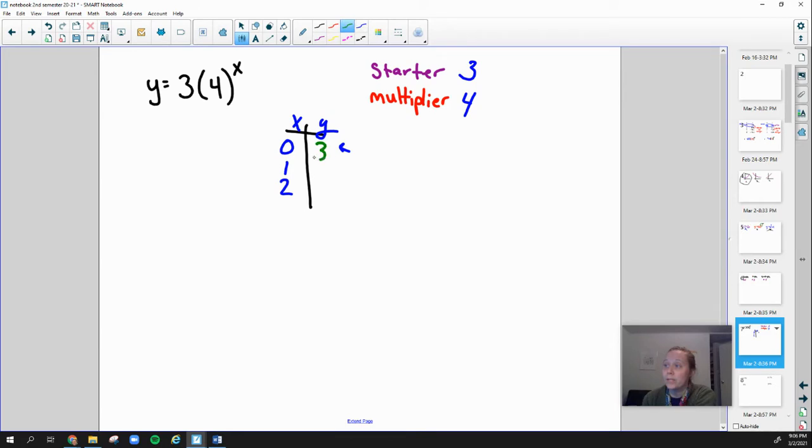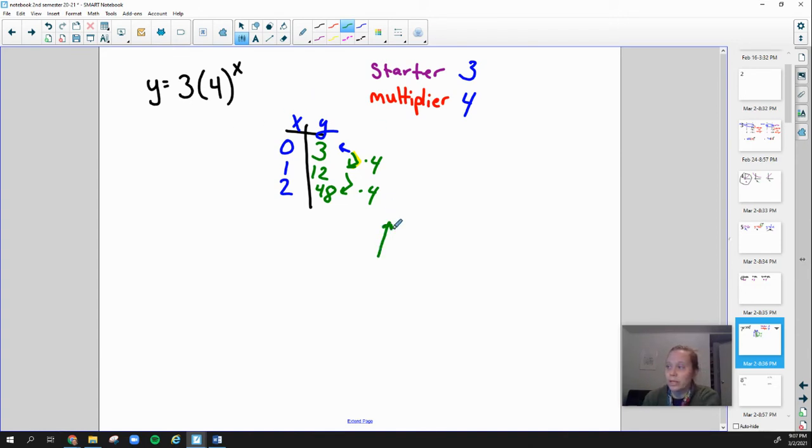Yeah, you should have the 3 there. And how am I going to get my next number? We're going to multiply by 4, which is 12. And the next one is multiply by 4 to give us 48. Okay, so that one's just simple exponential growth.